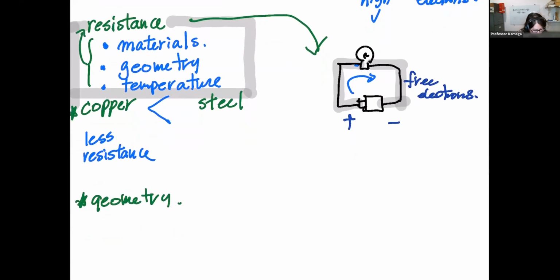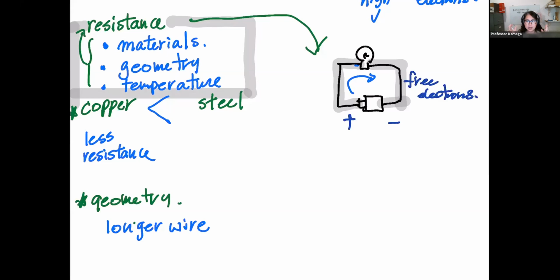Imagine when you have a longer wire. Like the river with the same density of rocks. It's made of the same material, but you have to pass through a longer distance.